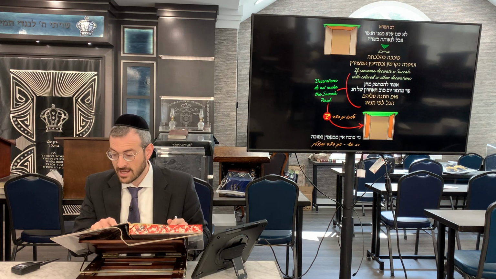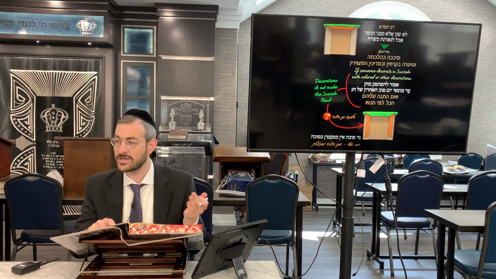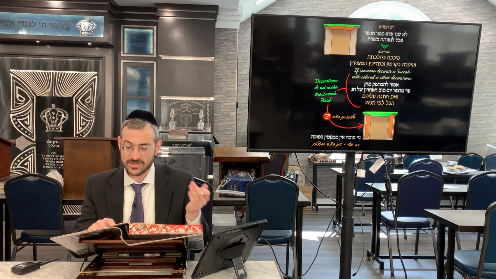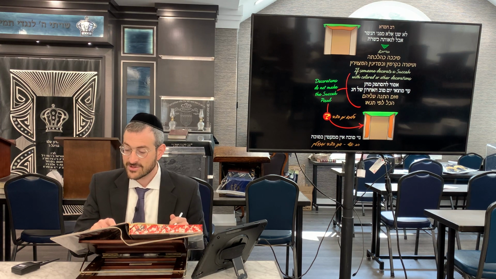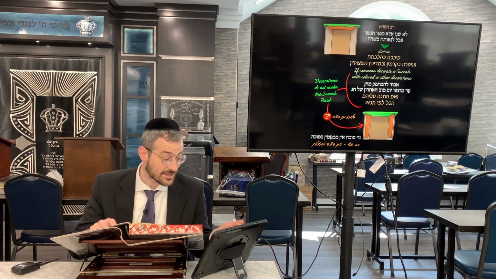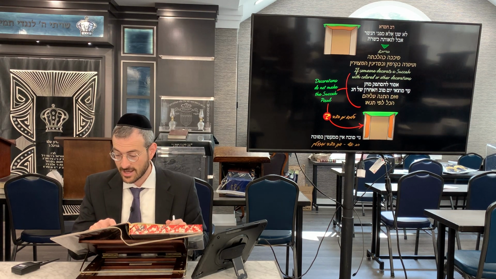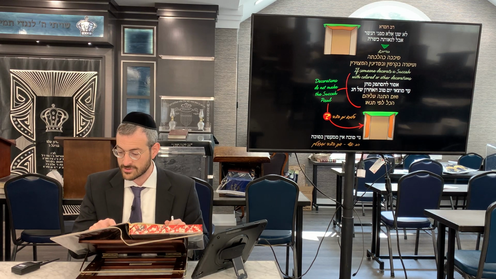You could use schach with a davar mekabel tuma. So he said to him, but people see that it's wet. It's pretty obvious that it's hanging just to dry and not to use as schach. So he says, you're right. What I told you, that you have to take it off, is for when it dries. Don't leave it there, because then people are going to think that you're using some of this mekabel tuma as schach, and that will give people the wrong understanding.